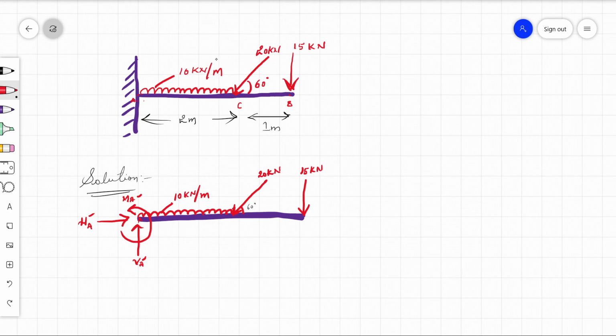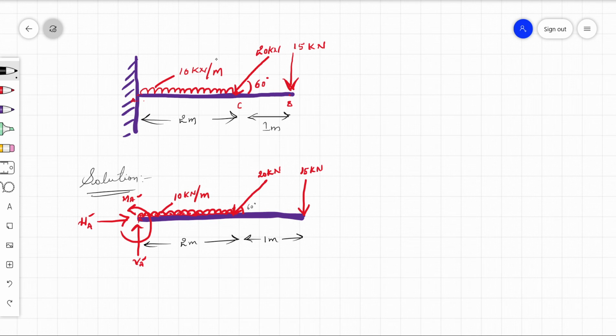Here is a UDL, this whole thing is a UDL. I hope you know what a uniformly distributed load is. Now let us write the lengths, 2 meter and 1 meter. So this will be the free body diagram of the beam.